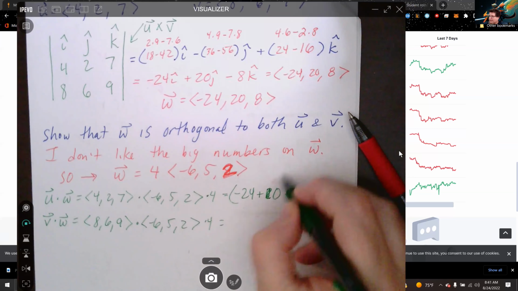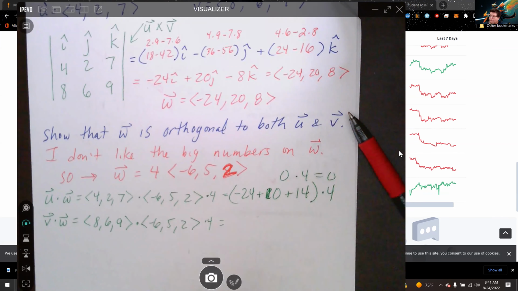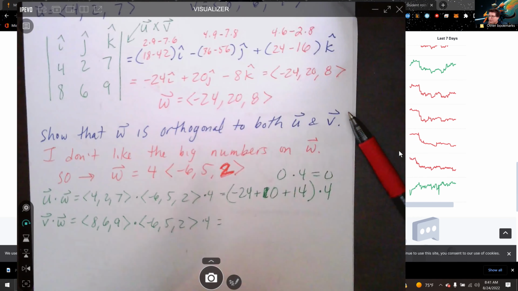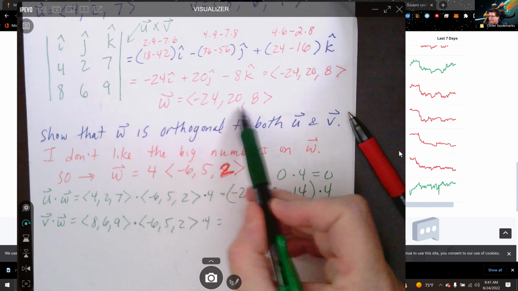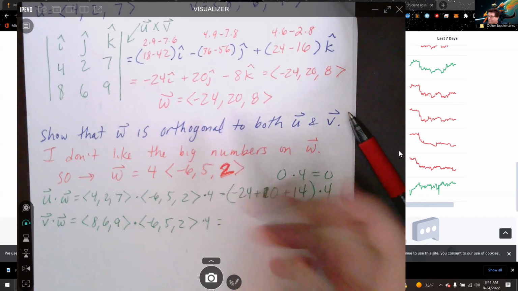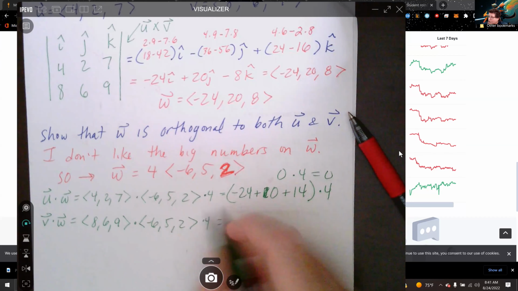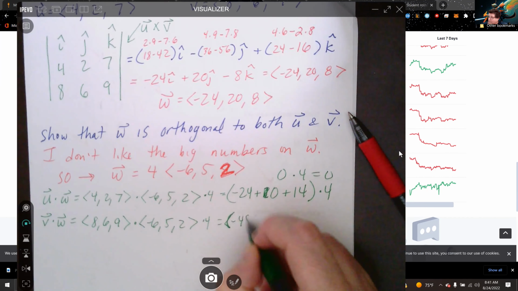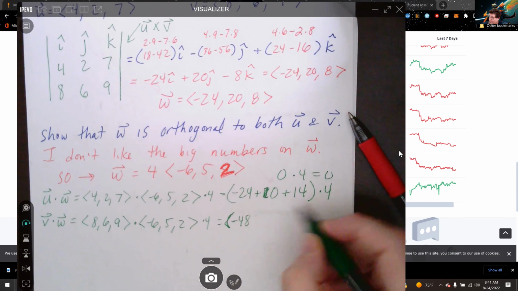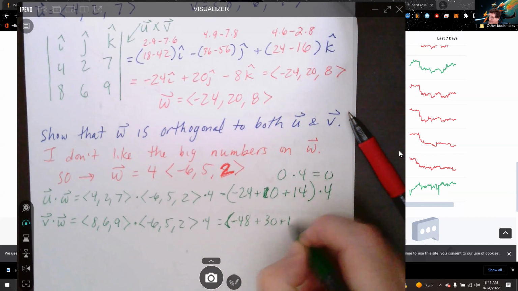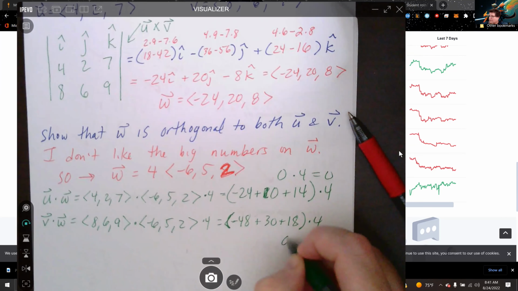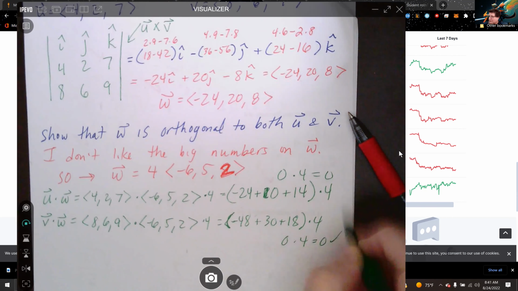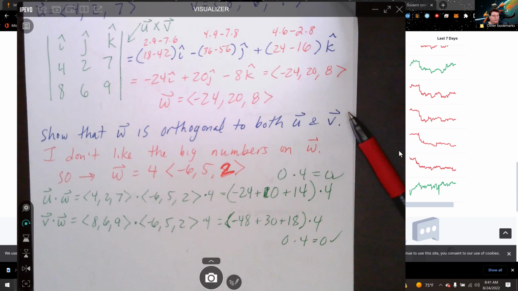But this adds up to 0. So 0 times 4 is 0. Rather than using big numbers that I cannot multiply very well in my head, like 8 times -24, I can do 8 times -6 pretty easy. -48 plus 30 plus 18, times 4. 0 times 4 is 0. Check. W is in fact orthogonal.